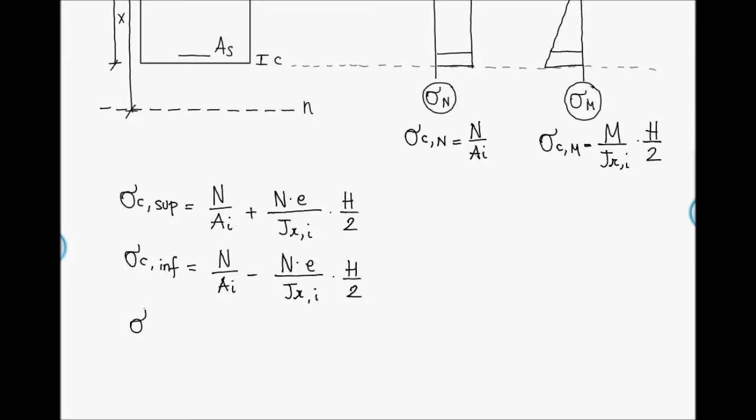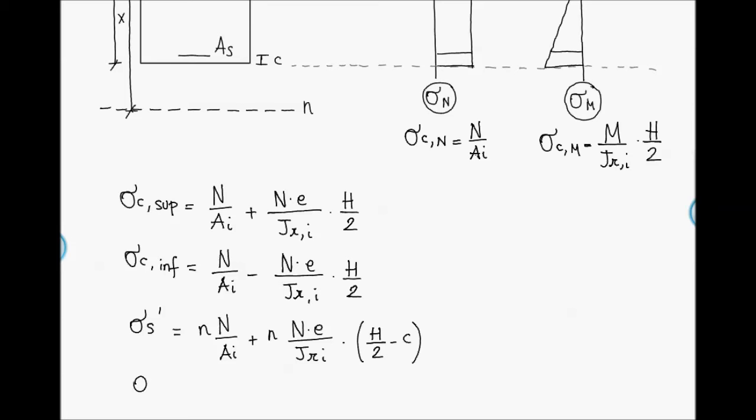Then we have sigma S prime, which is n, the homogenization coefficient, times N over Ai plus n by the bending moment over Jri by H half minus C, which is its distance from the R axis.